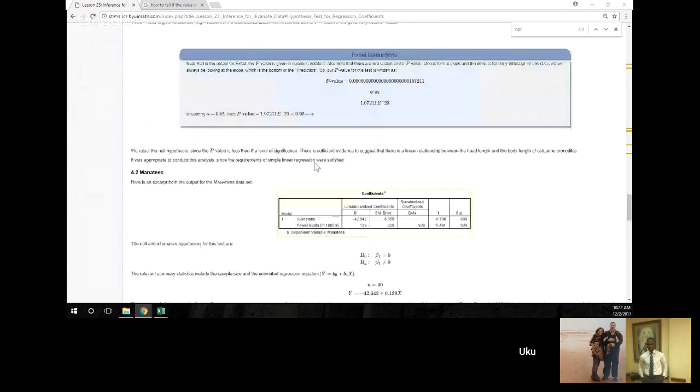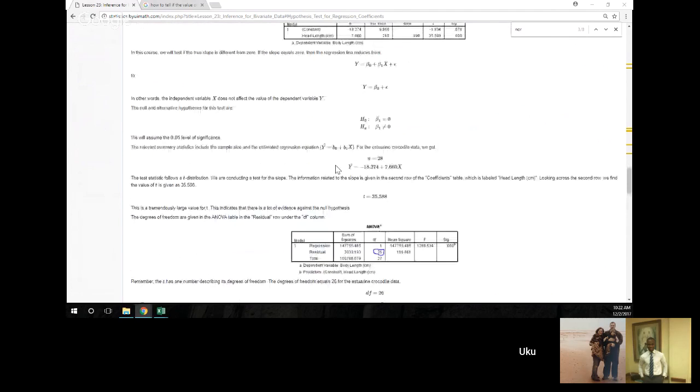No, it should be sufficient, because when we reject the null, it means that we have sufficient evidence. Well, okay, let's go back to the example in this case.